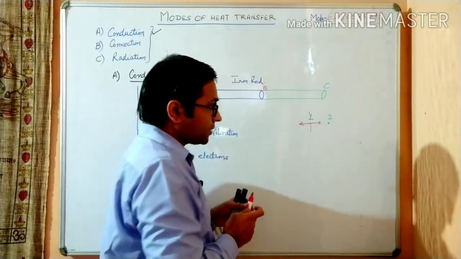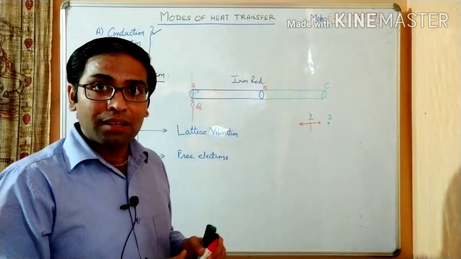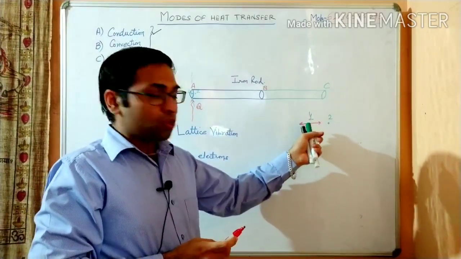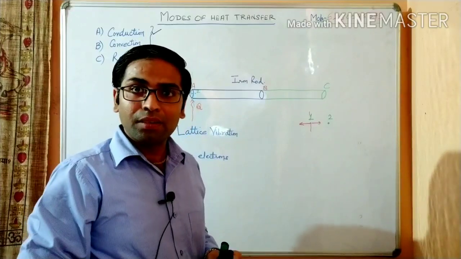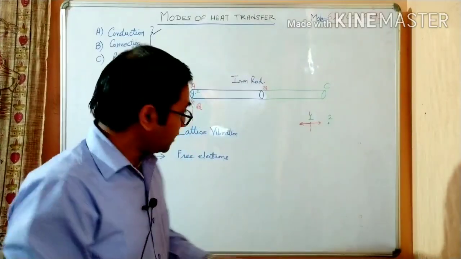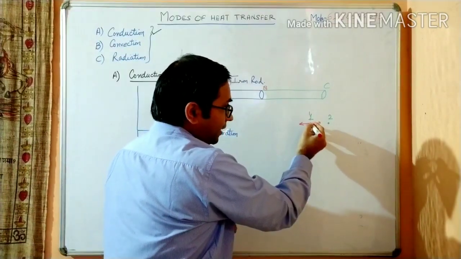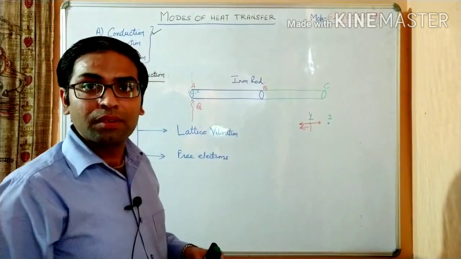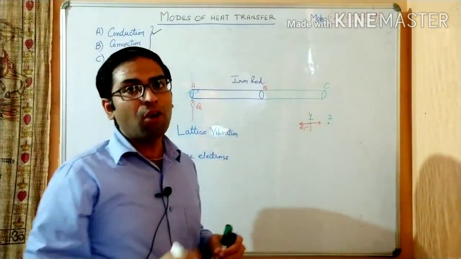Now what happens? The inertia within the material tries to restore its position. So it comes back to the point 1. But again, due to inertia and due to the continuous supply of heat, it doesn't stay here, it goes to the left side. So this way the vibration is automatically introduced within the molecule.